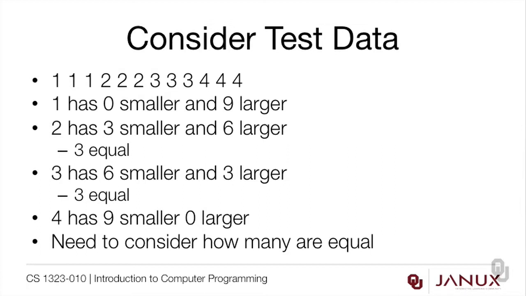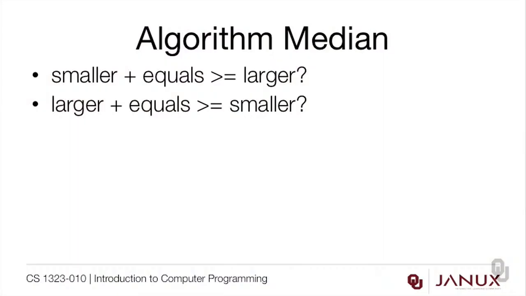So now we can see how we can develop an algorithm that will make it possible to find the median. We have to consider the smaller plus the equals equaling the larger, or the larger plus the equals equaling the smaller. Now I said equal, and we might want to think about whether that's the right comparison. So let's continue working on our algorithm for finding the median.